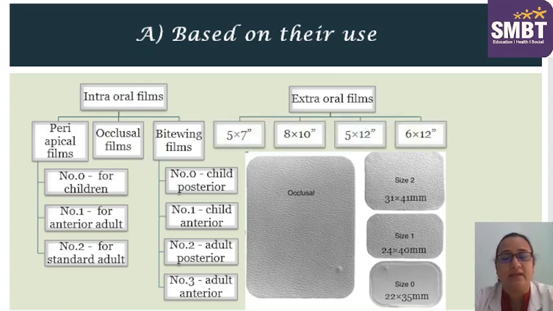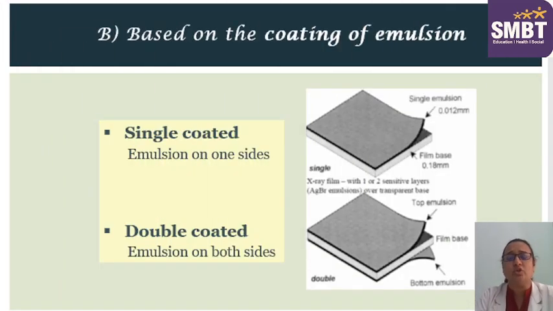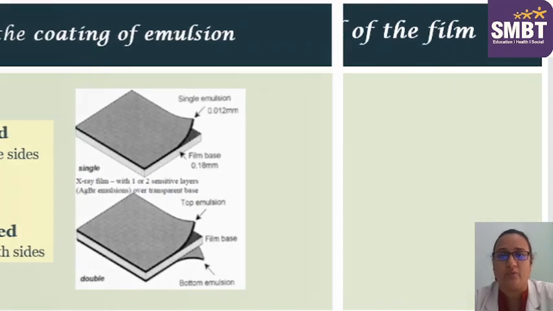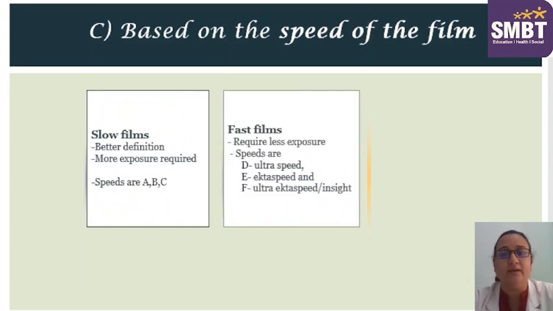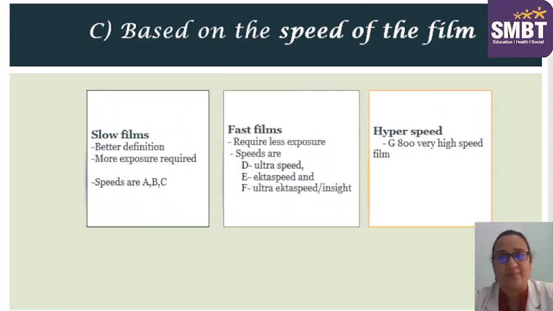Extraoral films can be of different sizes depending on the cassette which is used. Based on the coating of the emulsion, they can be single coated or double coated, where the emulsion is present on both sides. Most commonly we use double coated films. Based on the speed of the film, they can be slow speed, fast and hyper speed.